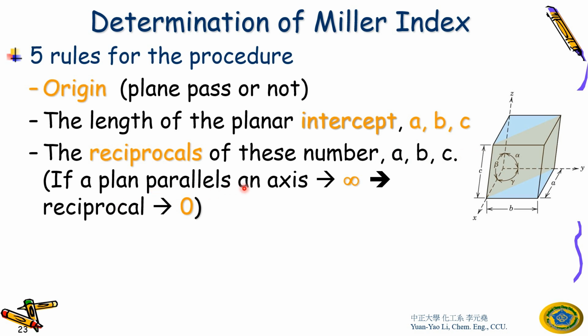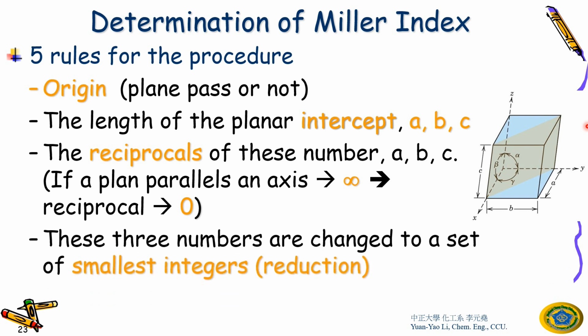If the plane is parallel to the x-axis, what does that mean? This plane has no intercept, so that means infinite, because it never touches. The reciprocal of infinity will be 0, so you use 0 to represent that axis in this case.